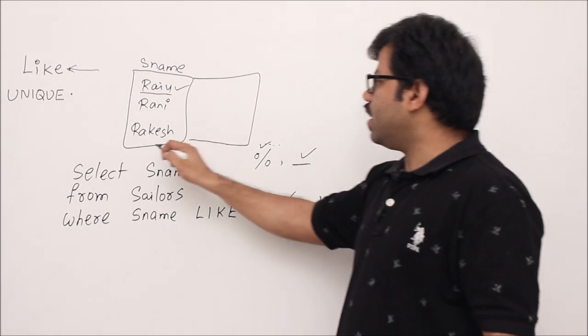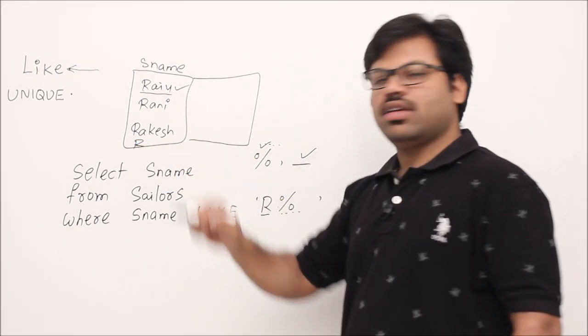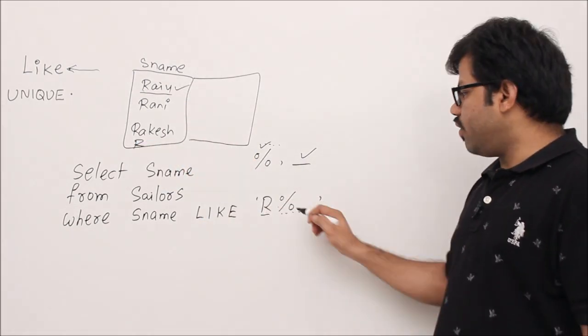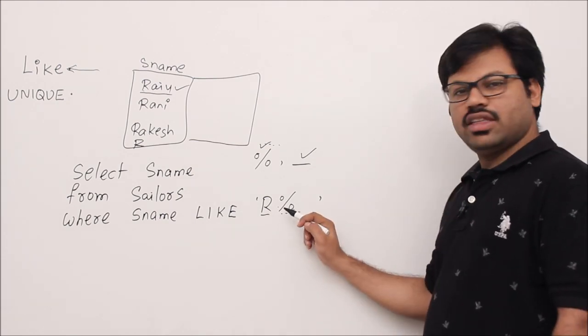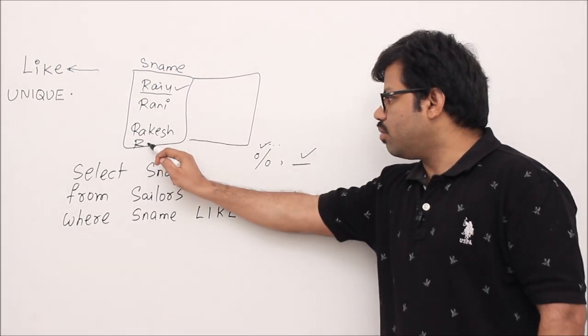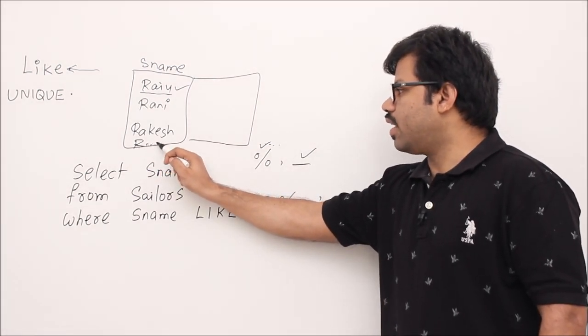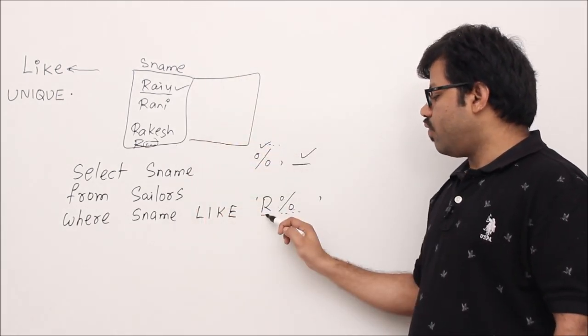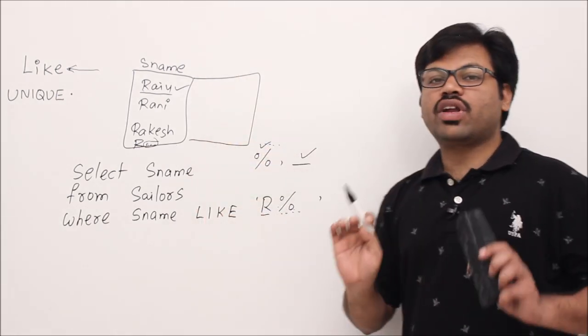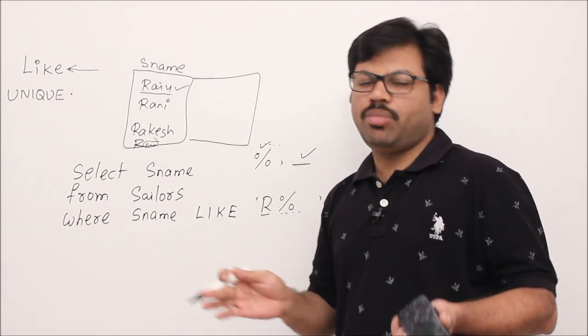Anything. For example, there is a sailor called R. He also will be printed, because when you write percent, your SQL or DBMS understands it like this: R followed by some 0 or more letters at the right side, correct? So any name with R first, after that some 0 or more characters at the right side will be printed.